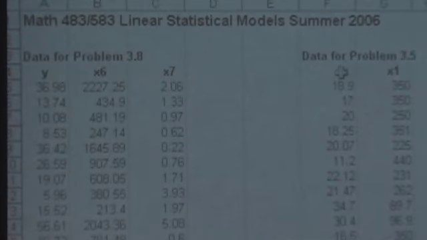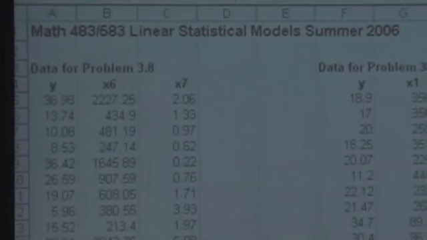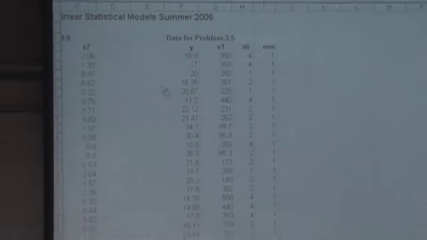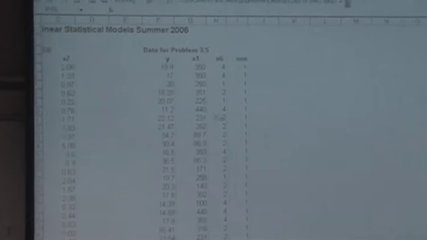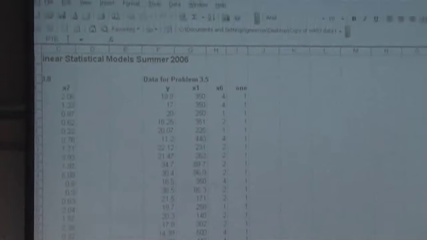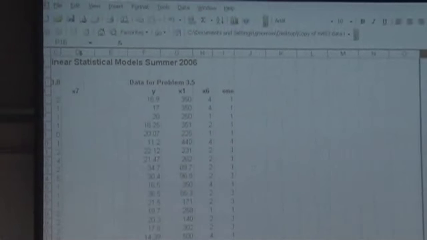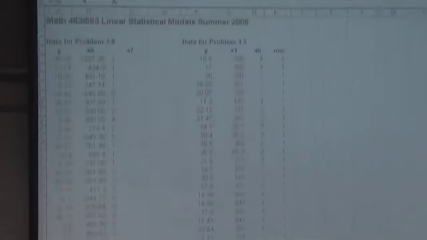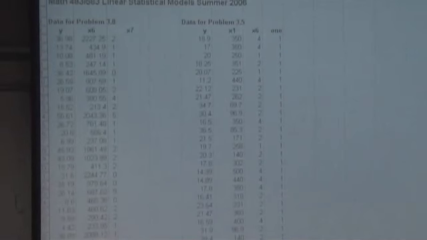Okay, so I don't need this data for problem 3.8, but let's just go ahead and look at this stuff.